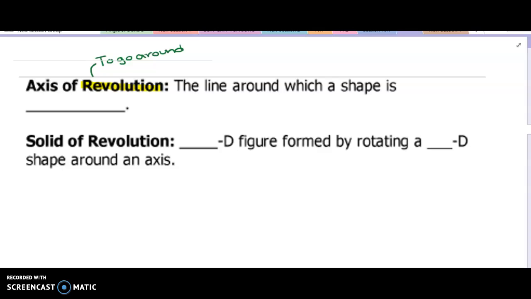All right, so the axis of revolution is just the line which a shape is revolved around. So we're going to go around it, over and over and over. And then the solid of revolution is the three-dimensional figure formed when we rotate a two-dimensional shape around an axis.